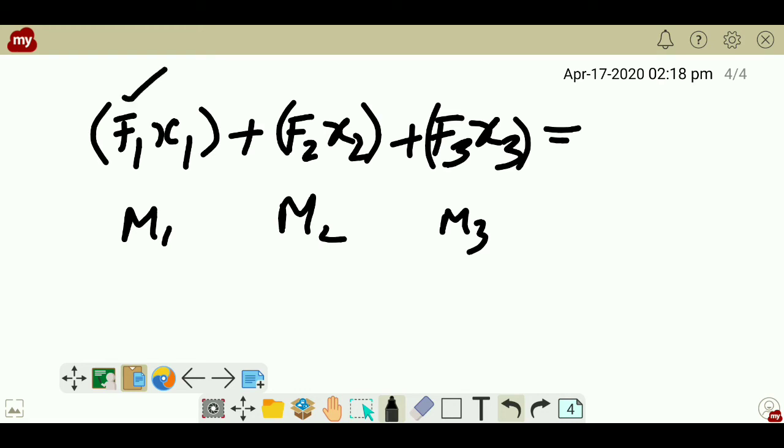Here we have F1, F2, F3. All these three forces are acting on the body, so they will definitely have a resultant, and that resultant is also acting on the body. So the summation of all the moments is equal to the resultant force into its distance.